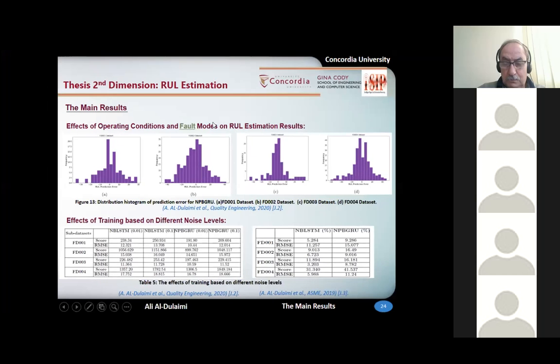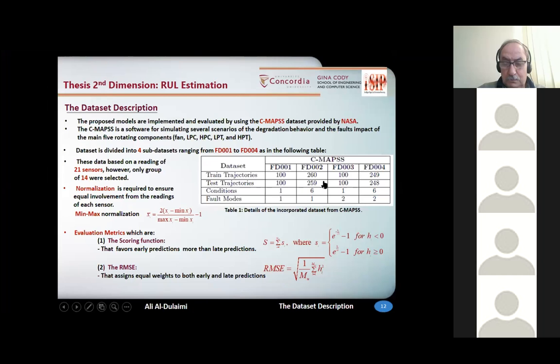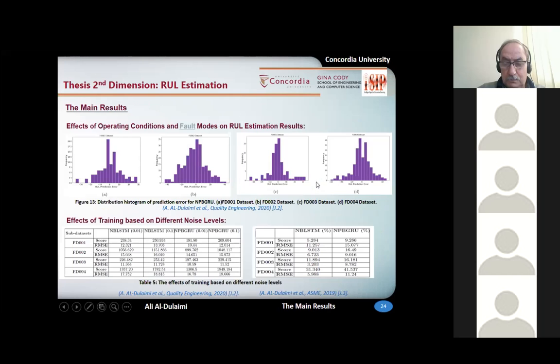The reason behind that is that the second and the fourth have been simulated based on 6 operating conditions, which means that we are dealing with very complex scenarios, while the first and the third are simulated based on 1 operating condition, which is the sea level. We can conclude that the number of operating conditions has a larger impact than the fault modes, as the second one and the fourth one share the same number of operating conditions.